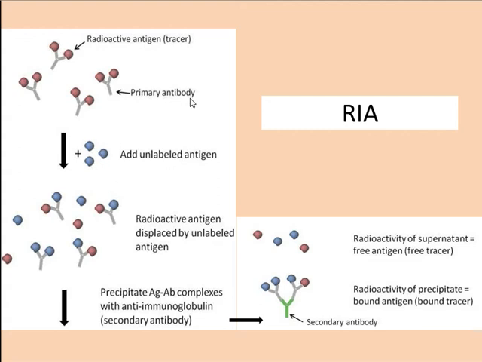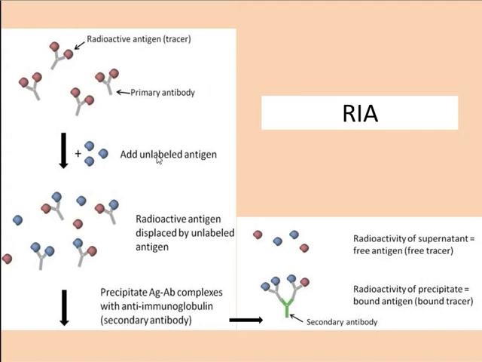If there was more antigen in the serum, there would be more displacement of the radio labeled antigen. The radio labeled antigen will be in the supernatant, so you will get an increased measure of radioactivity in the supernatant. What will be the radioactivity in the pellet?